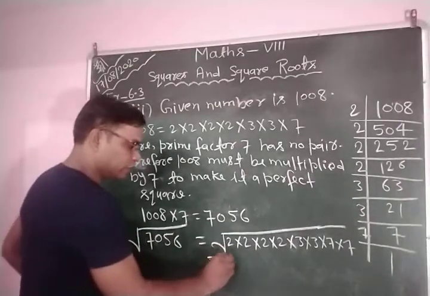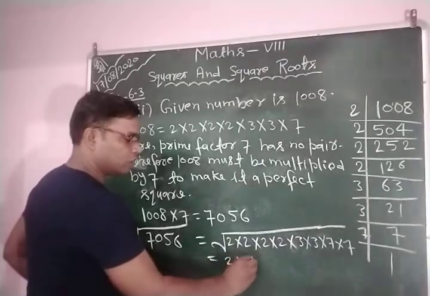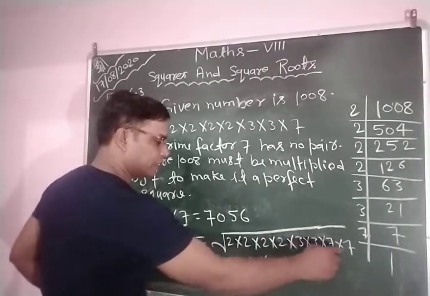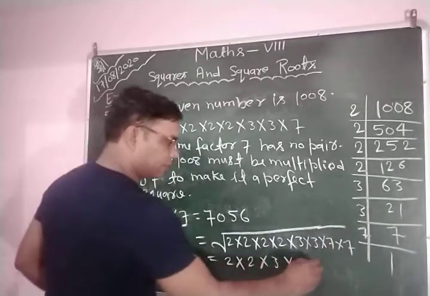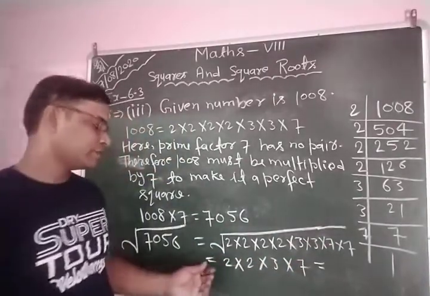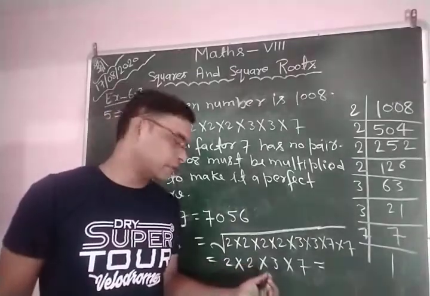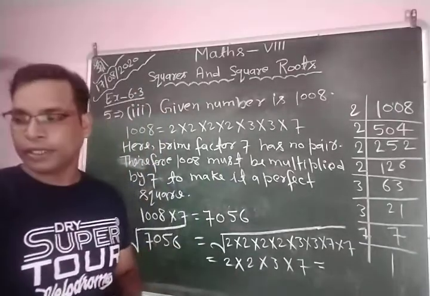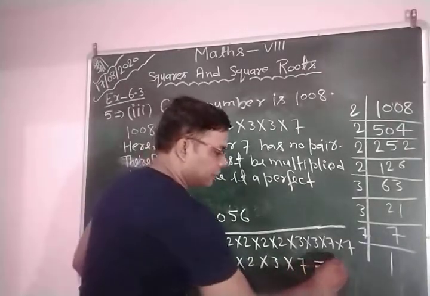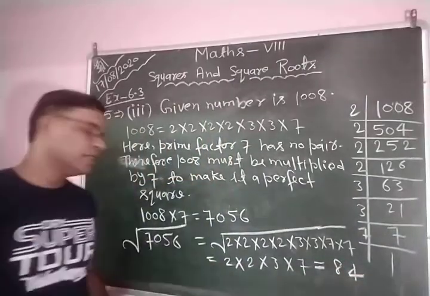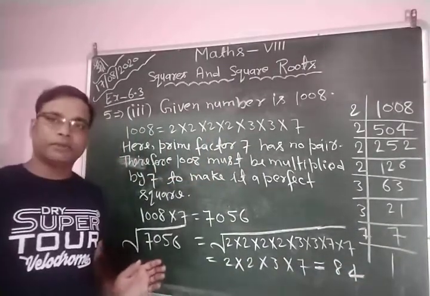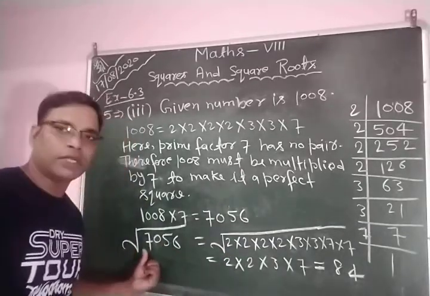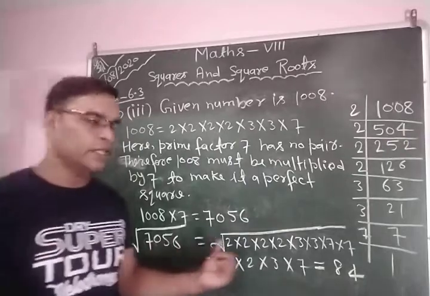So in this way we obtain 2 from this pair, 2 from this pair, 3 from this pair, and 7 from this pair. So 2 times 2 is 4, 4 times 3 is 12, and 12 times 7 is 84. So we have done it: the square root of 7056 is 84.